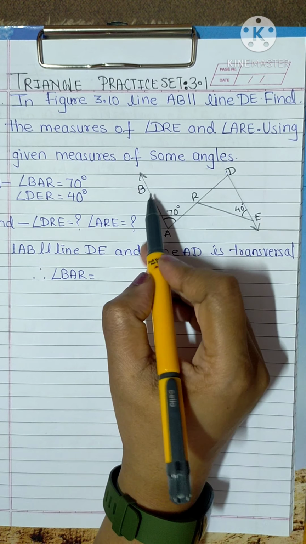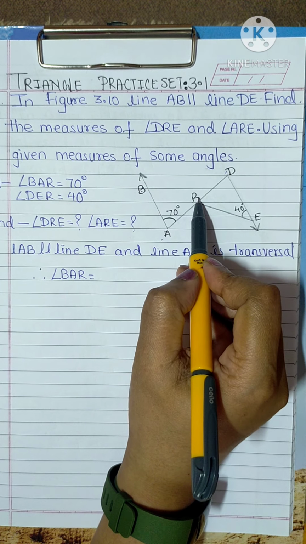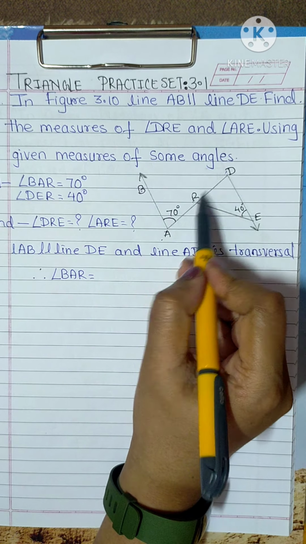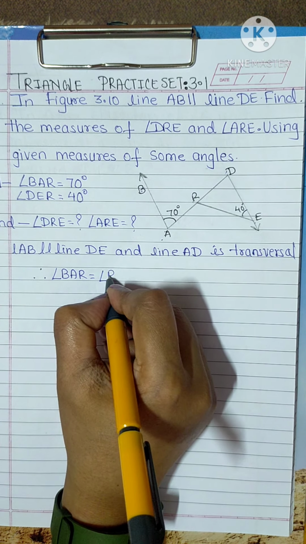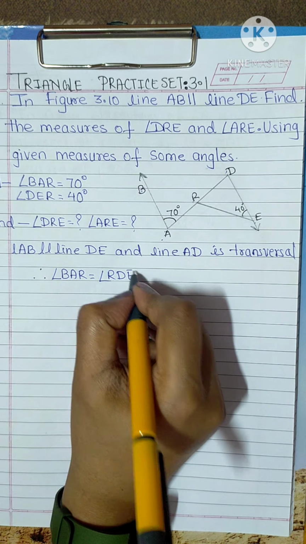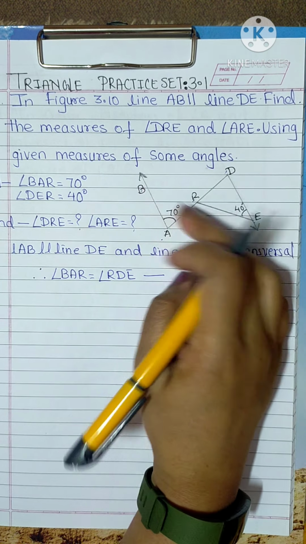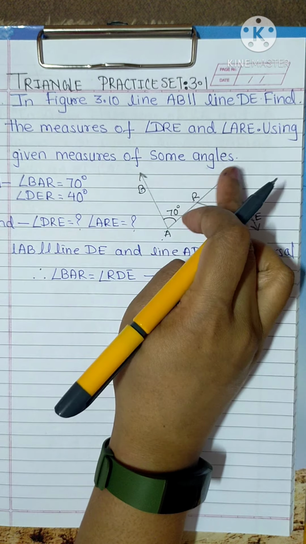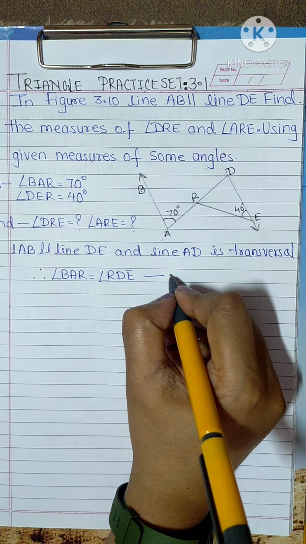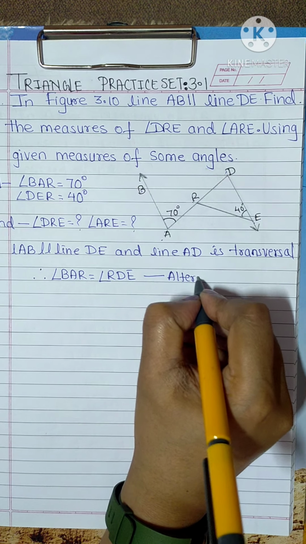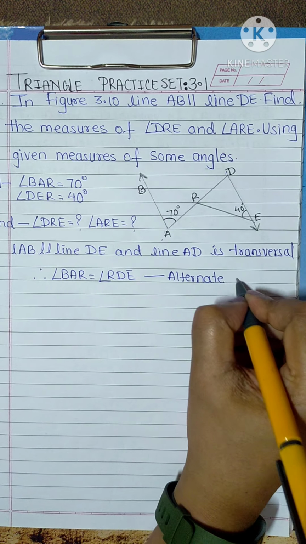Therefore, angle BAR is equal to angle RDE, alternate angles. We'll write alternate angle.